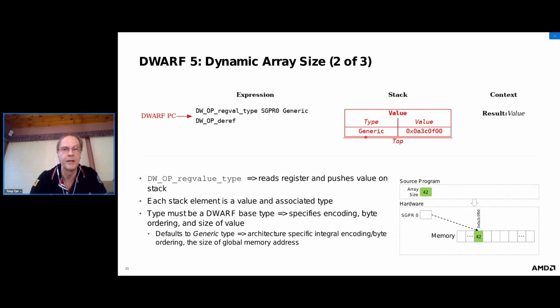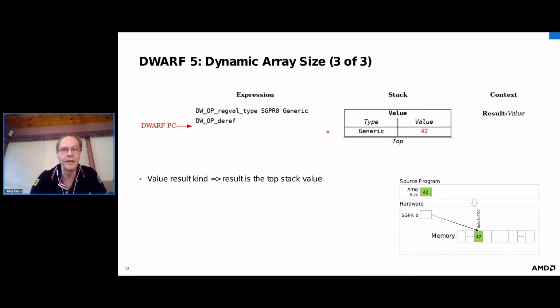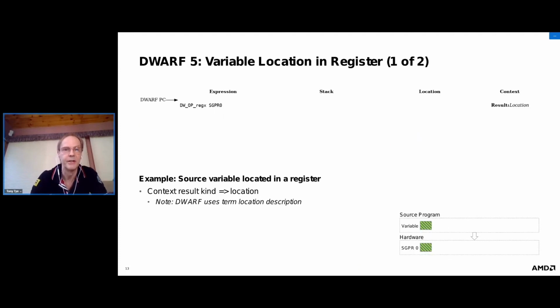The type has to be a base type as defined by DWARF, which tells you the size of the type, its encoding, whether it's numeric or floating point, and its byte ordering, for example. So in this case, I've now got the value of the stack pointer. The next thing I can do is dereference that, which does the obvious thing and reads its contents. Now I've got the 42. The result is a value, so the top value of the stack is the result of the expression.